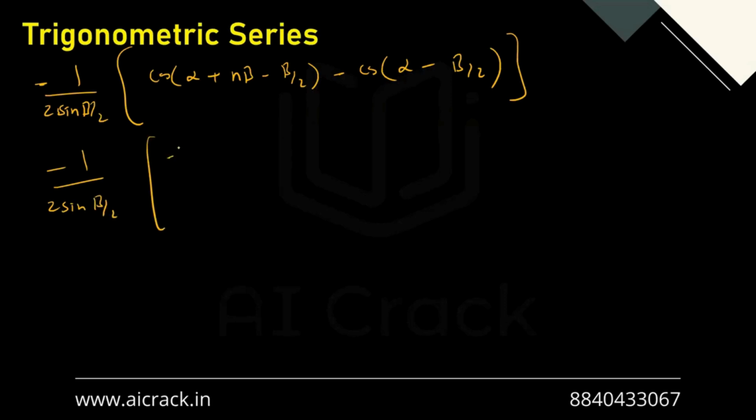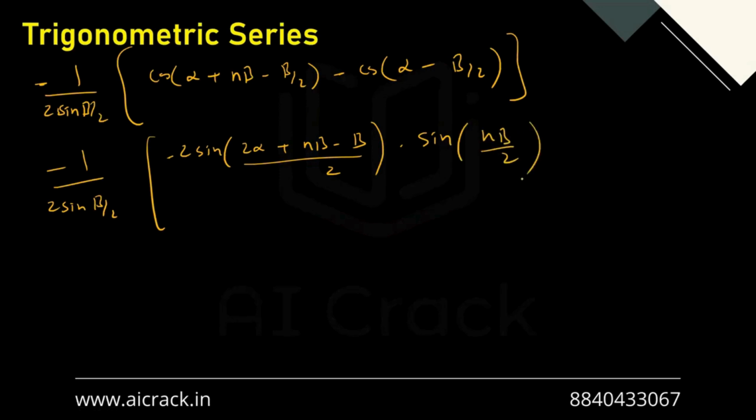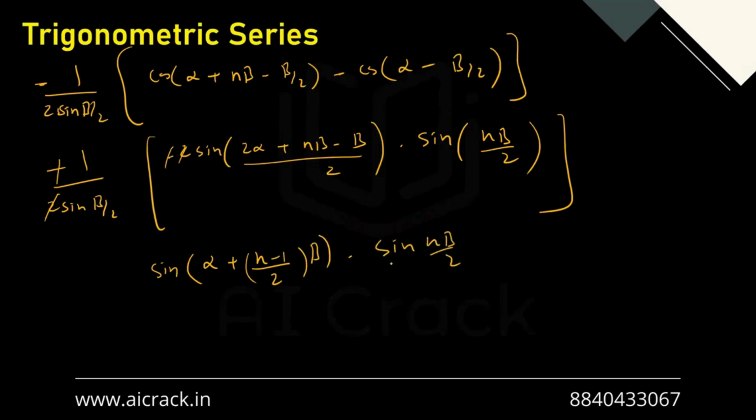So the first term would become minus 2 sine this plus this by 2, so we have 2 alpha plus n beta minus beta by 2, right? And dot sine of this minus this by 2. So alpha gets cancelled out, we have got n beta by 2, right? So the minus minus gets cancelled out, this 2 gets cancelled out, and this actually becomes sine of alpha plus n minus 1 by 2 beta multiplied by sine of n beta by 2 divided by sine of beta by 2.